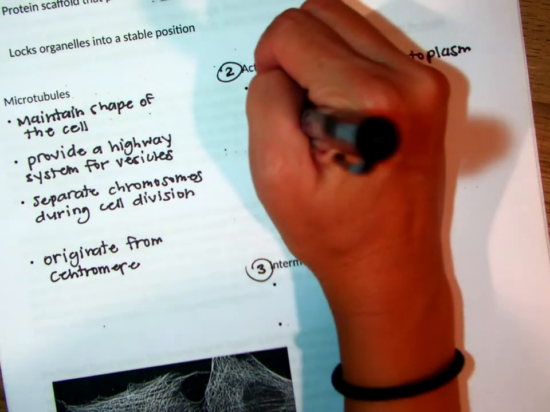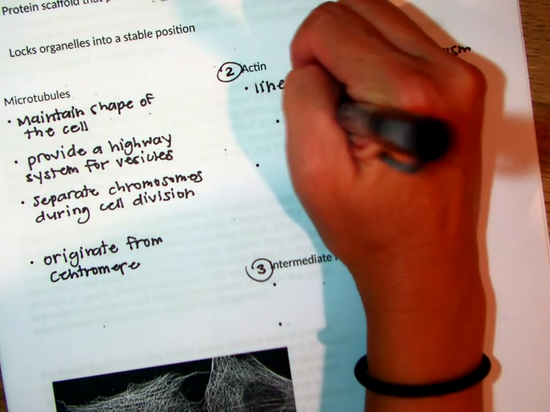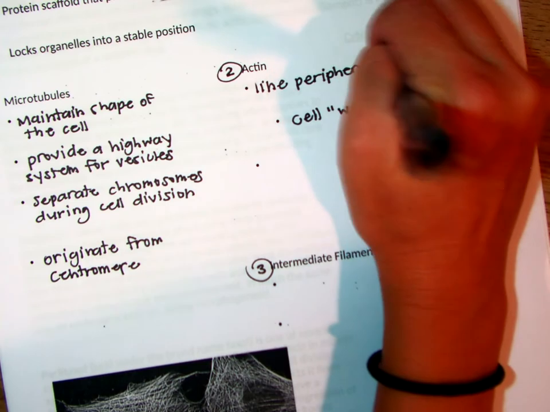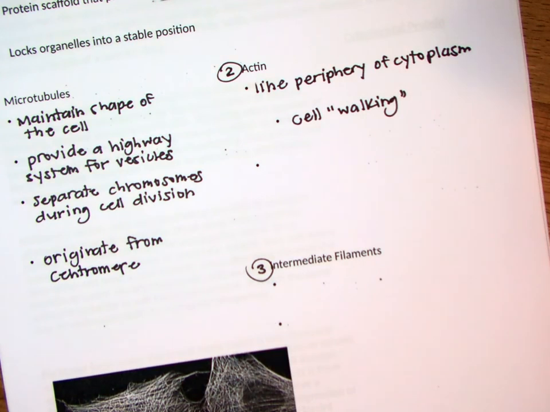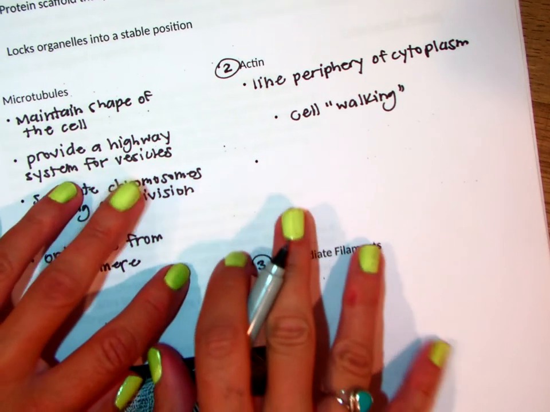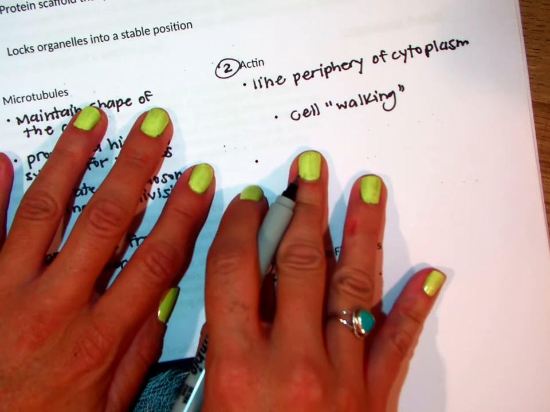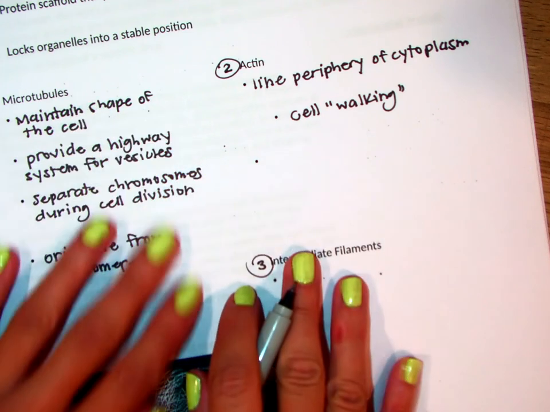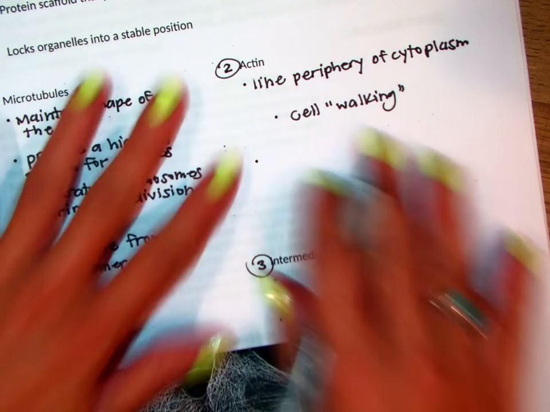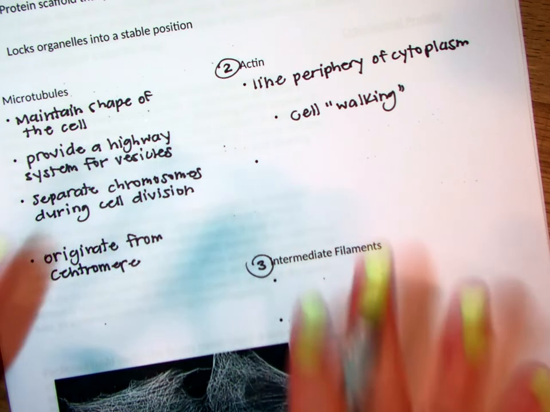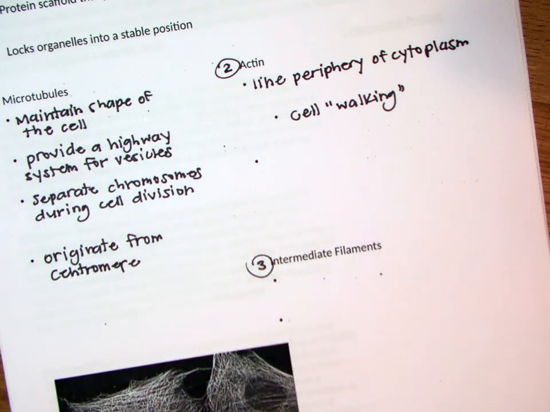And it helps with something called cell walking, which I think is awesome, that these cells can actually move around using these actin filaments. And this is important in the immune system and white blood cells, so they're able to move around and gobble up whatever it is that they need to eat. Sorry, I'll try to not talk so much with my hands. But yeah, that is actin.